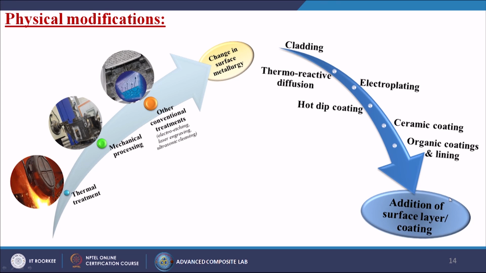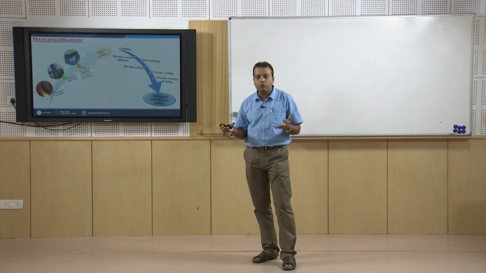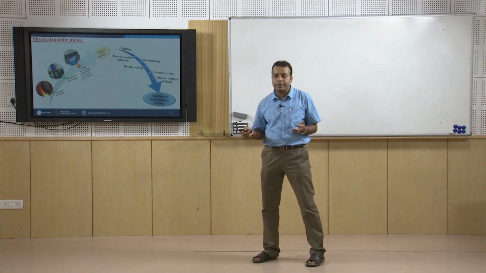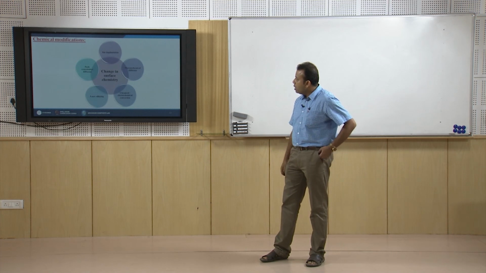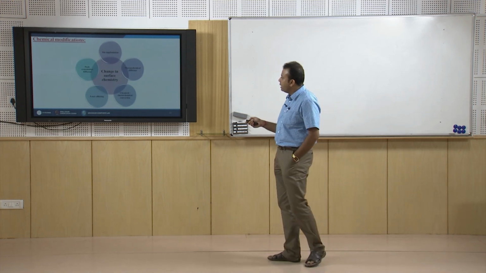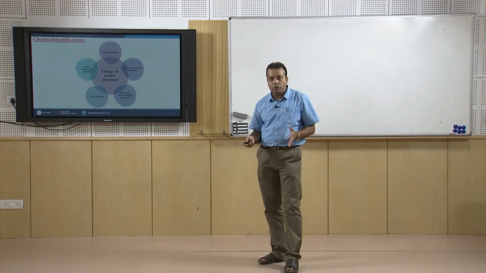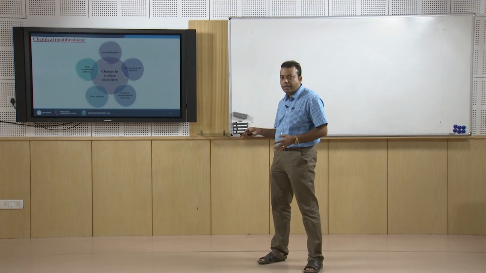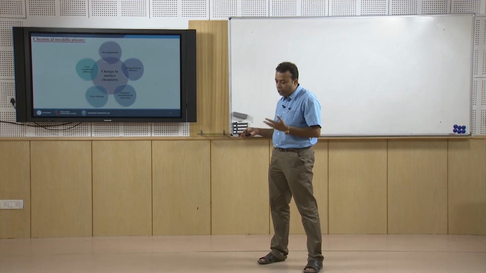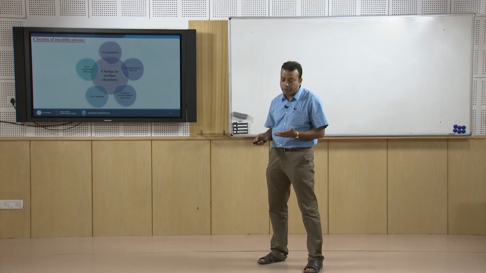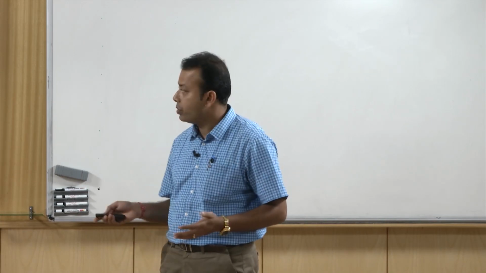By changing the surface layer or the surface chemistry, we do surface modifications. The chemical reactions are done by pack cementation, diffusion, ion implantation, thermochemical diffusion, chemical and electrochemical conversions, laser alloying. These are all different techniques we adapt for changing the surface chemistry to do the surface modifications.